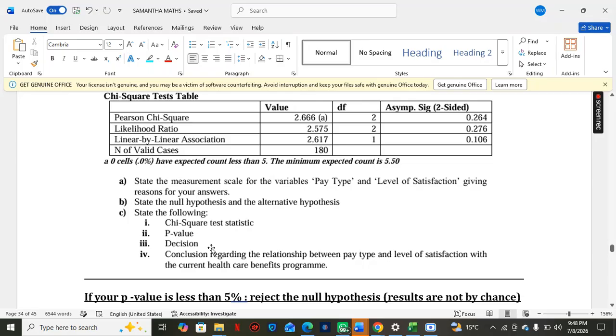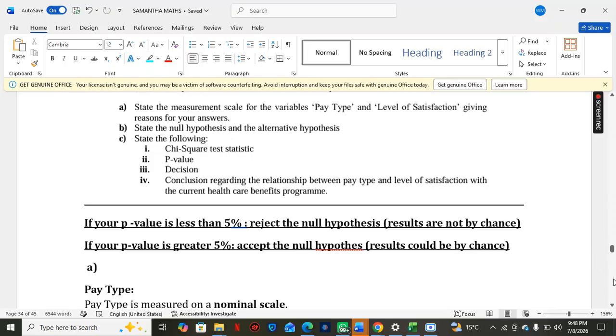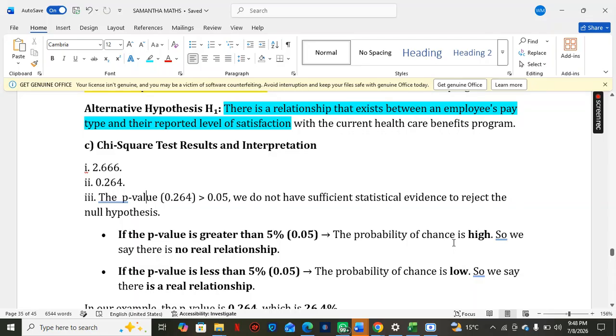Now we'll use the p-value rule to make the decision. We look at our p-value, 0.264. Is this greater than 0.05? Because remember, 5% is 0.05. So 0.264 is greater than 0.05.